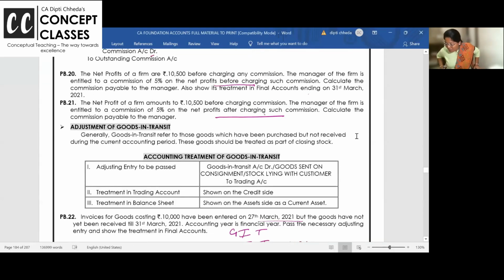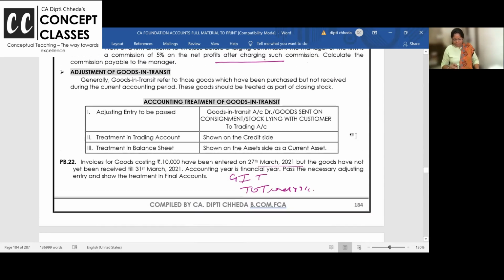Just recollect how many important adjustments you have done: outstanding, prepaid, income received in advance, income accrued but not received, abnormal loss, goods in transit, depreciation, bad debt, provision for discount on debtors, provision for doubtful debts. These are all beautiful adjustments. If they are given below the trial balance, give two effects. If they are given in the trial balance, then give only one effect. Is that clear to all of you?